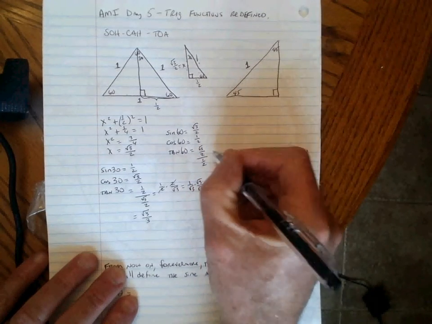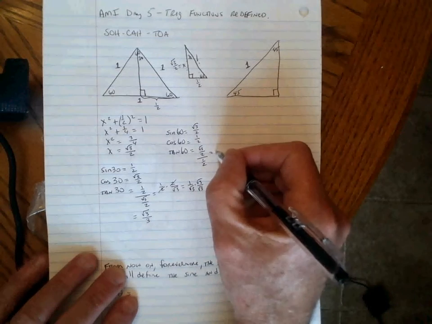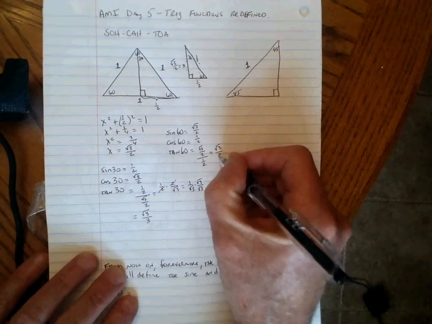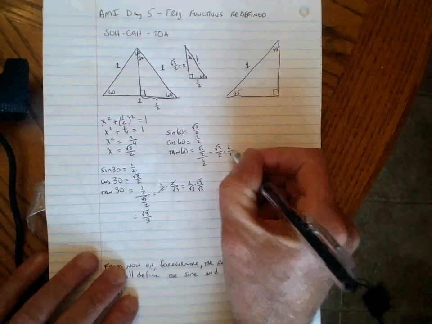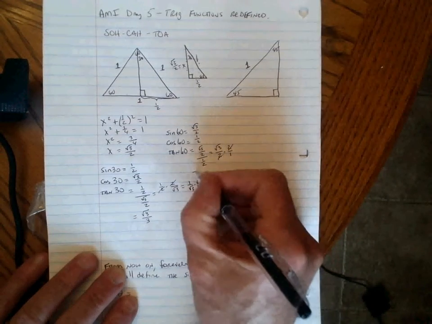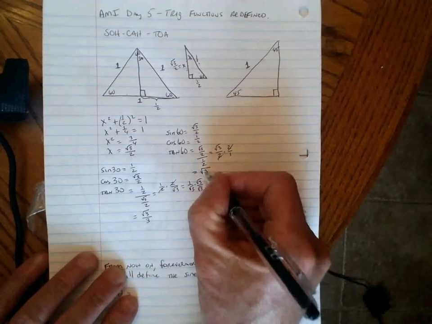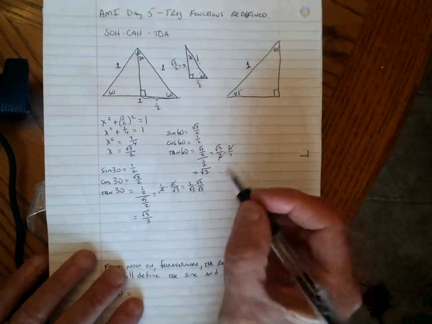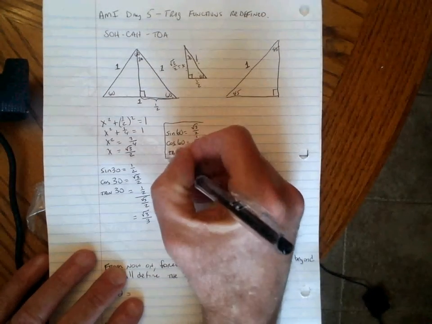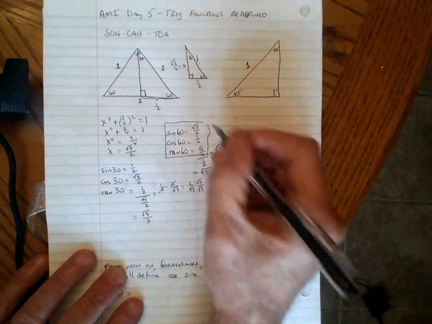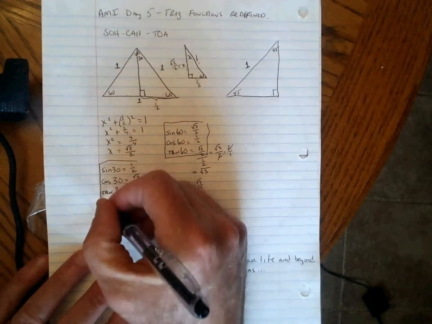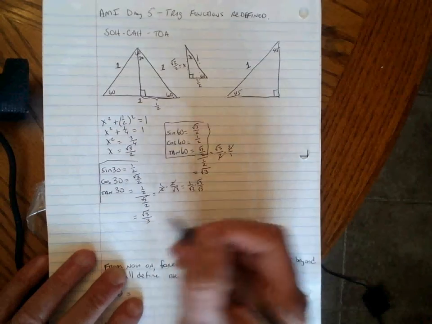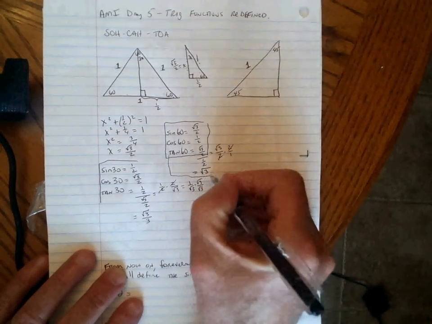And again, multiply by the reciprocal: it's square root of 3 over 2 times 2 over 1, the 2's cancel, and that makes the tangent of 60 simply the square root of 3. And we can flip these to get the reciprocal functions as well. The important thing is we've found exact values for sine, cosine, and tangent for 30 and 60 degrees. We're going to use that in a few minutes.